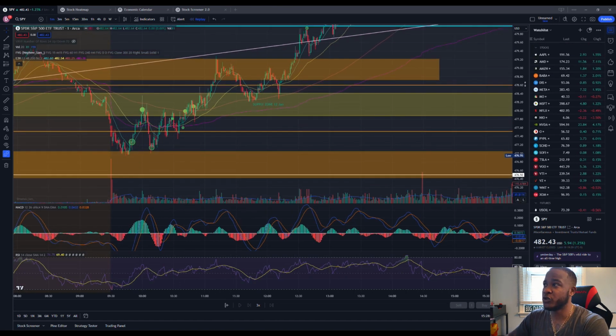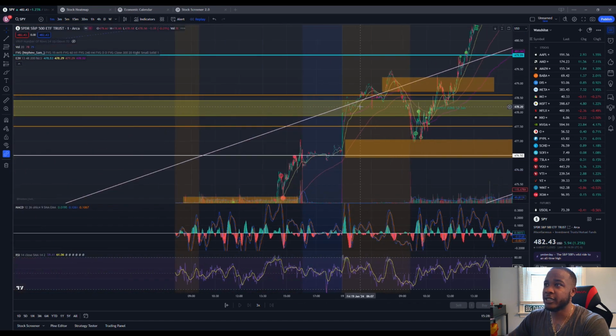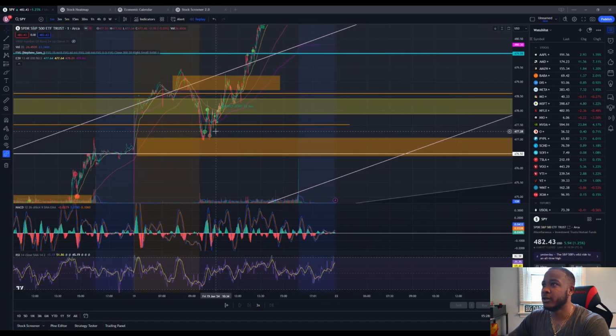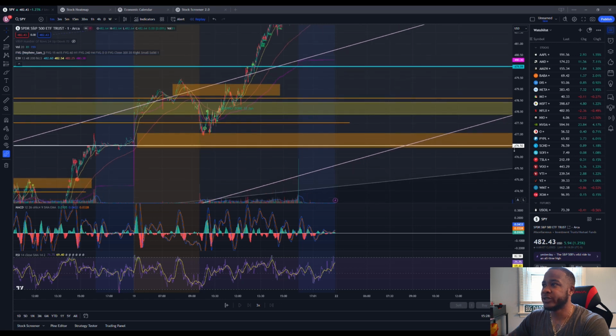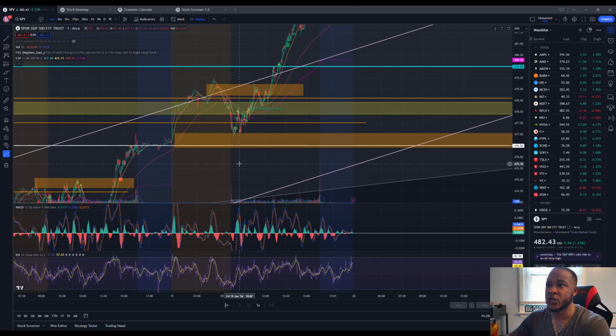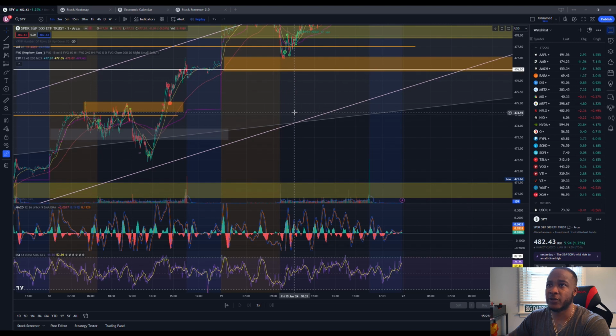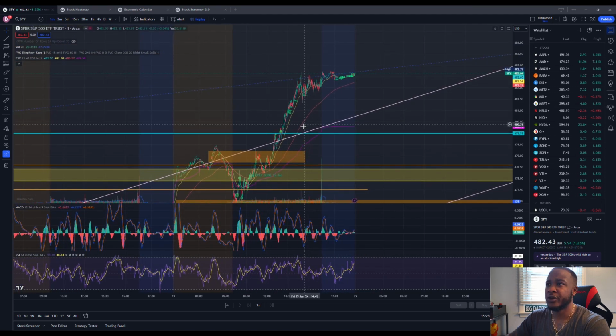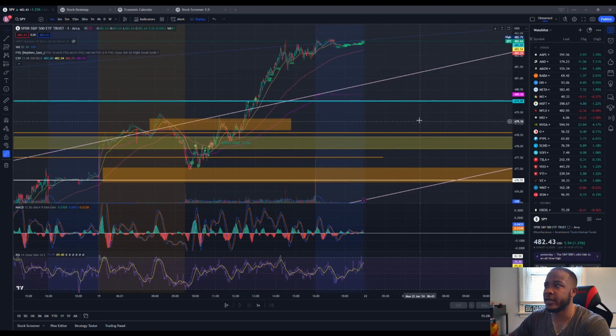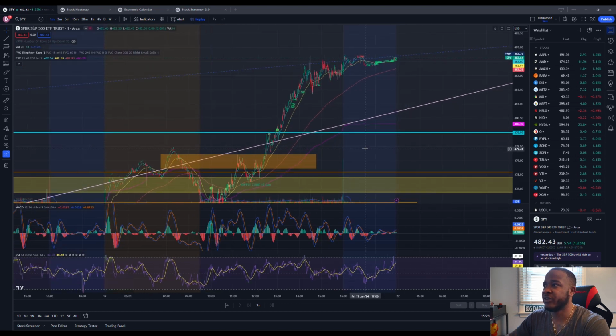Overall trend, when you zoom out, you can clearly see that the trend was up. However, say if we did fall through this demand zone or this breakout retest zone that was created, that could have been a nice fall that came right after. So, we definitely played it safe, and we profited on that.